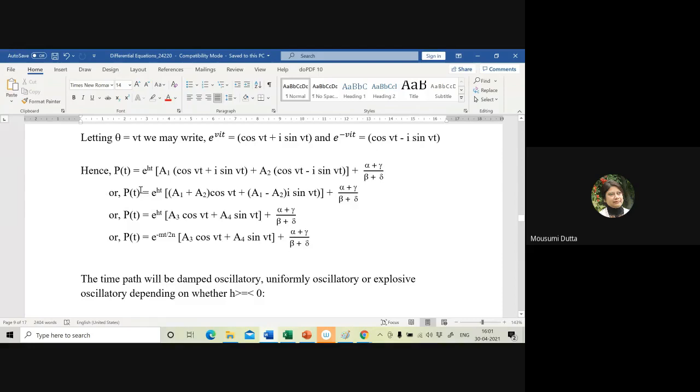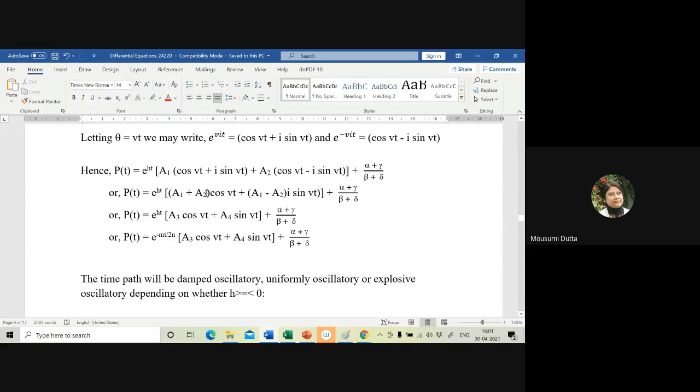So the time path can be presented as e to the power ht, which was there, a1 e to the power iVt, I am replacing it by cos Vt plus i sin Vt, plus a2 e to the power minus iVt, I am replacing by cos Vt minus i sin Vt. So this is the expression.